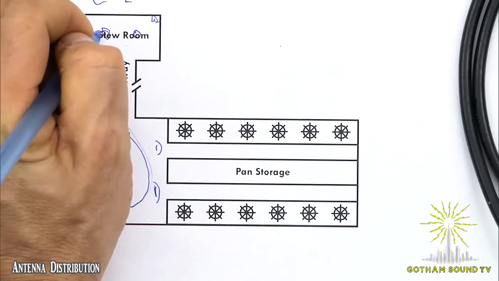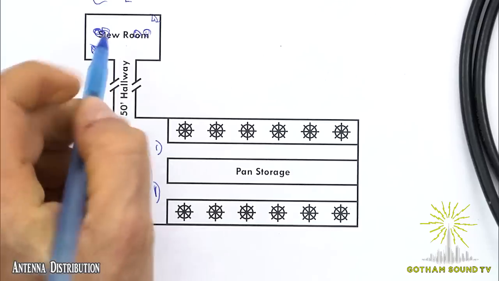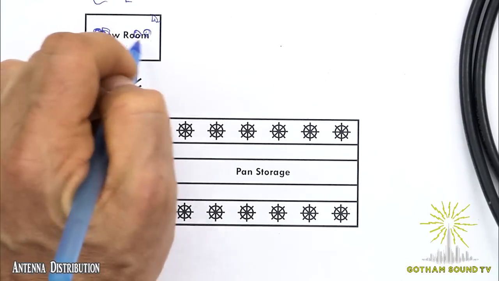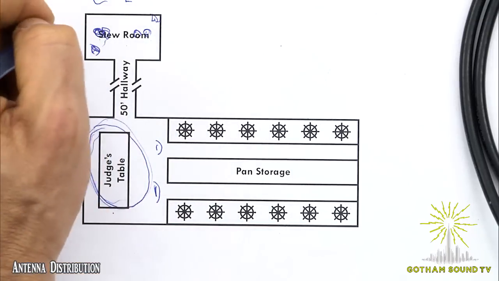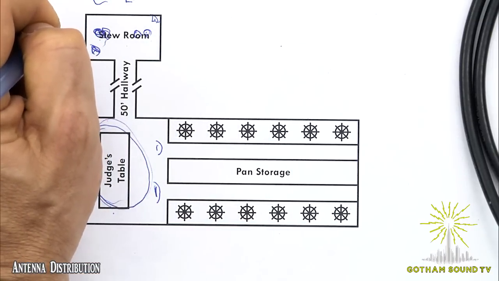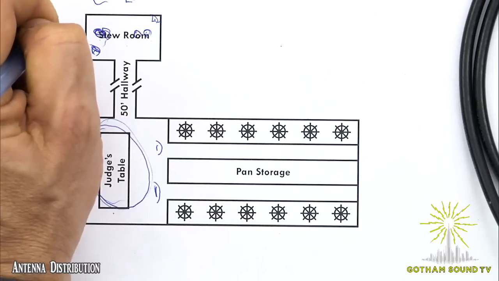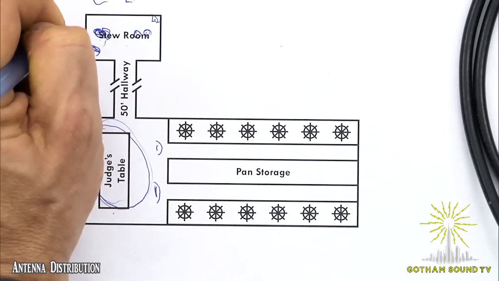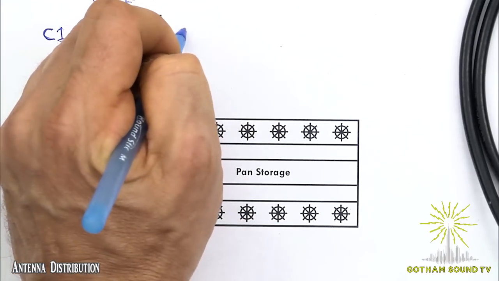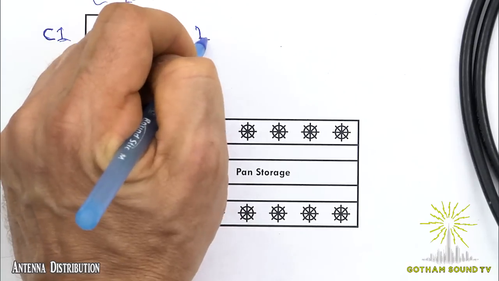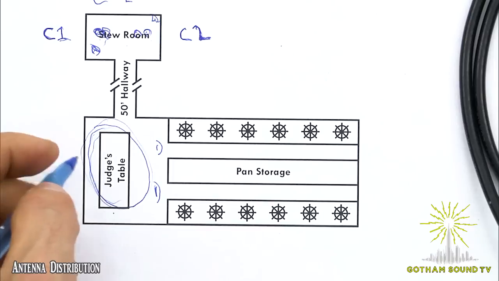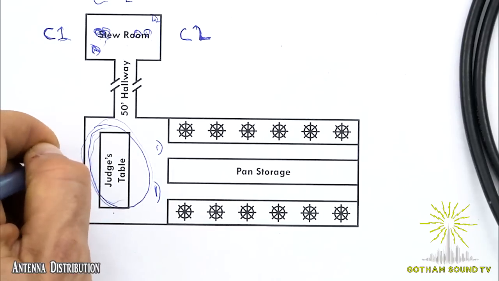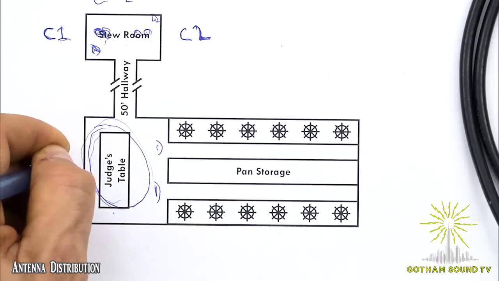Now, I would move these antennas out a little bit more, like that, because I want as much separation as possible, but I want to keep it away from reflective surfaces. So that becomes what I would call my C zone, in my diversity 1. And that becomes my C zone in diversity 2, the second diversity input. This judges table right here, if that was one RF spotlight, that might be my B, and I might put that into diversity 1.